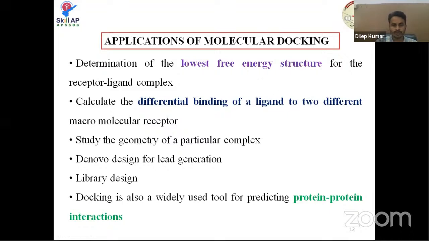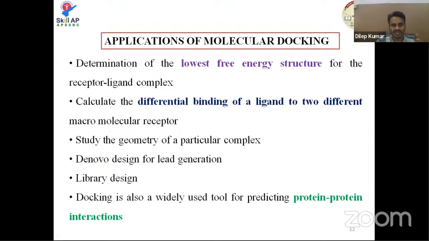Molecular docking will also be helpful for us to understand how effectively, or what is the difference in the binding, between these two receptors by a similar ligand. Say, for example, if you take adrenergic agonists, the adrenergic agonist can bind at both alpha and beta receptors.